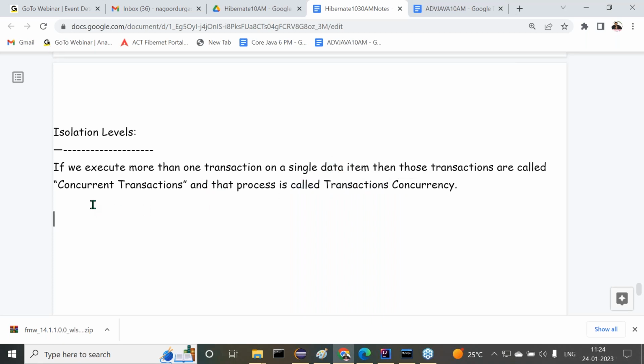Next, in transactions concurrency, guys, observe carefully.